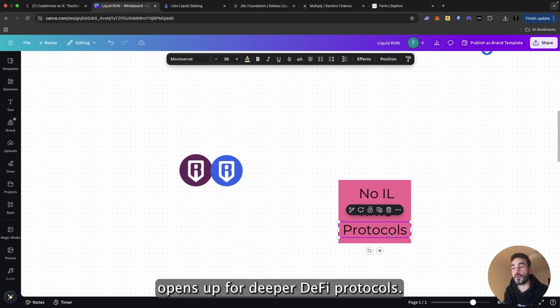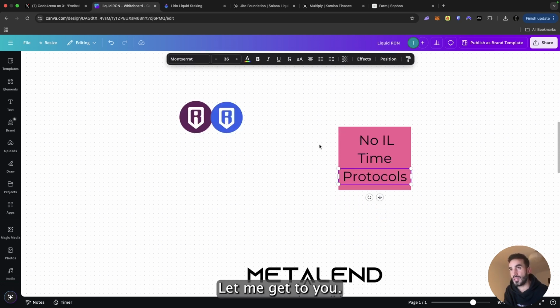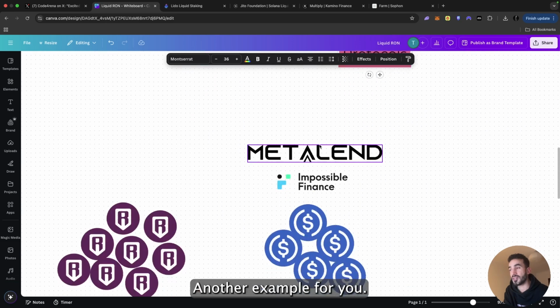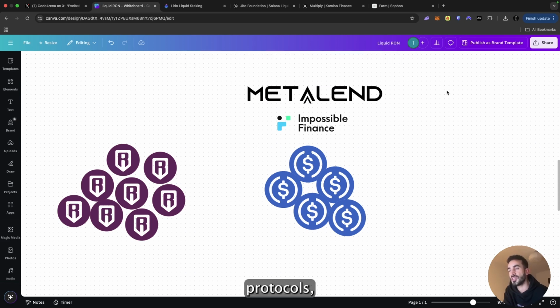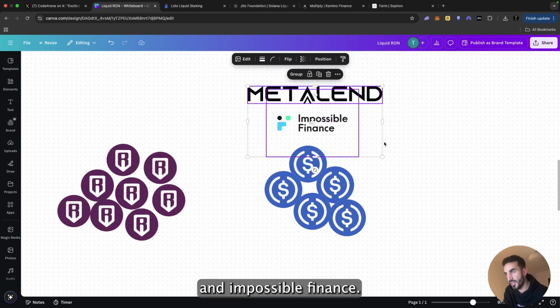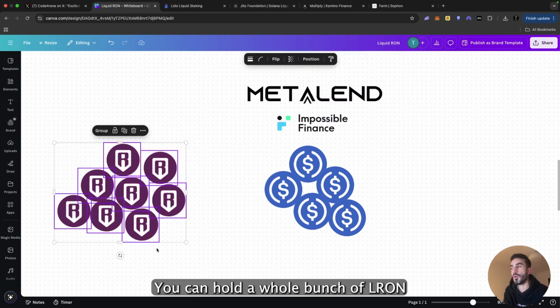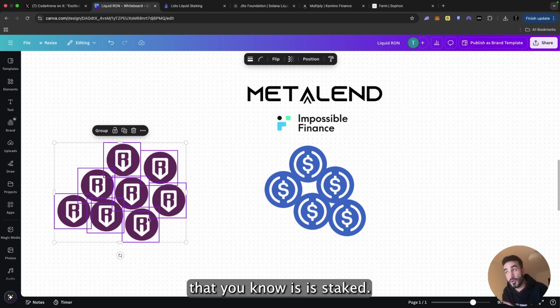Another thing is that it opens up for deeper DeFi protocols. Let me give you another example. Another cool thing is if you combine different DeFi protocols. Let's take MetaLend and Impossible Finance. You can hold a whole bunch of LRON, that is staked RON, earning you rewards passively at around 10%.